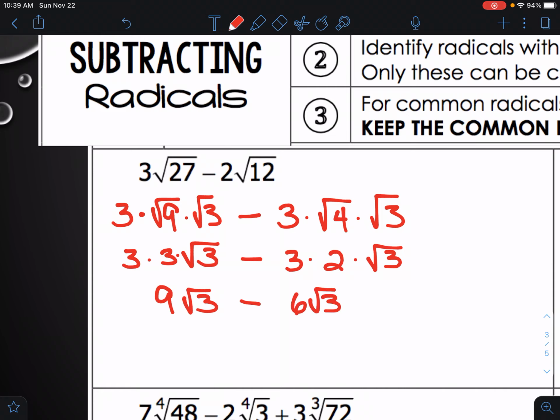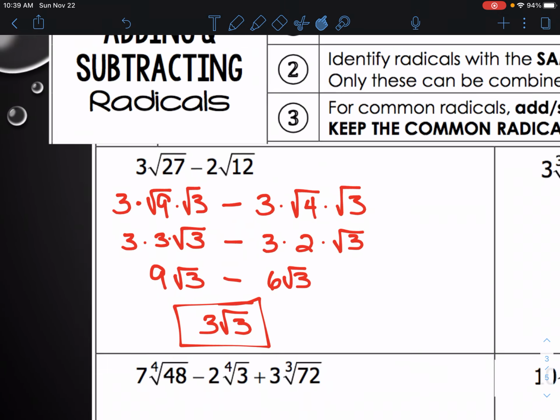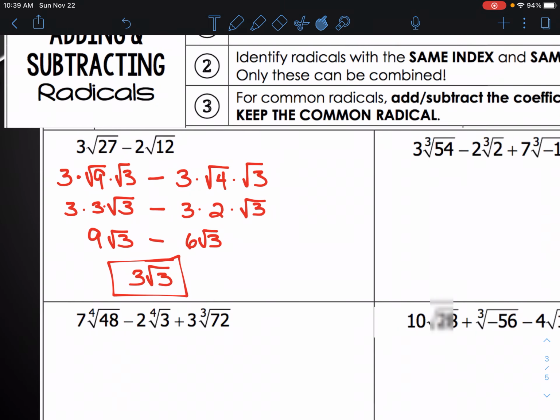Okay, now these are both same index, same radicand. So now I can put these together, right? So 9 root 3 minus 6 root 3 would be 3 root 3. And this is my answer. Okay. Hopefully that's making a little bit of sense now.